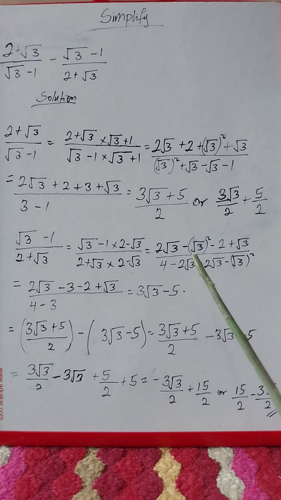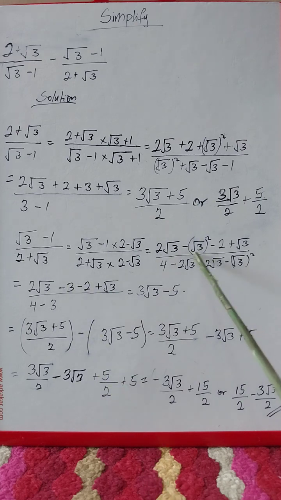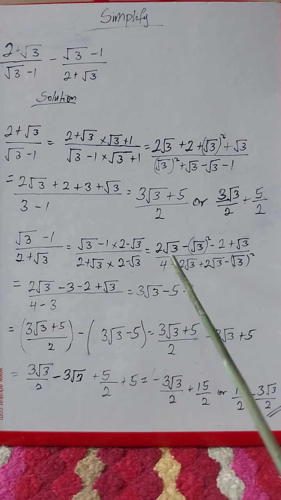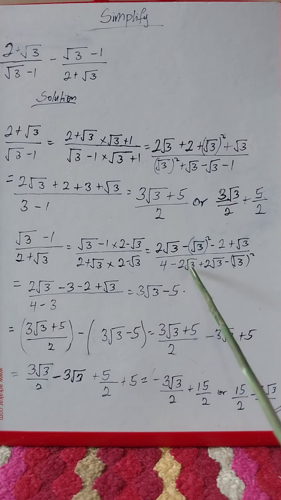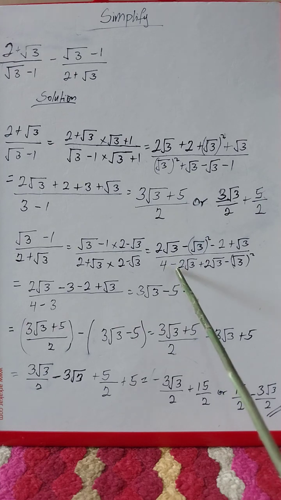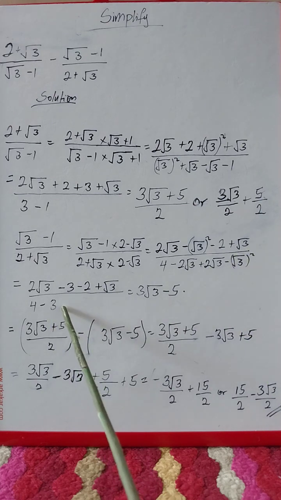So that is fine. Now we move ahead and expand. 2 root 3 minus root 3 square, minus 2 plus root 3 over 4 minus 3. 2 root 3 plus 2 root 3 minus 2 root 3 gives you 0. Minus root 3 square gives you 3.